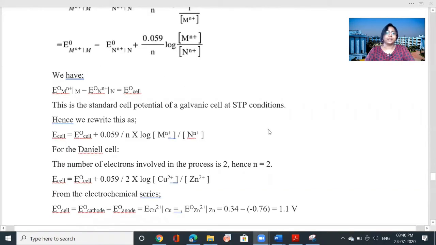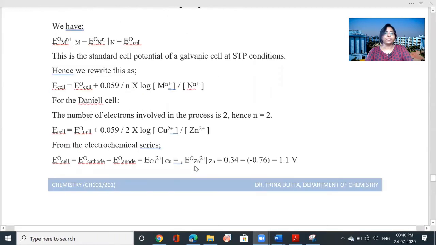Hence we rewrite this as E cell is equal to E0 cell plus 0.059 by n log [M^n+] by [N^n+]. For the Daniell cell, the number of electrons involved in the process is 2, hence n will be equal to 2.